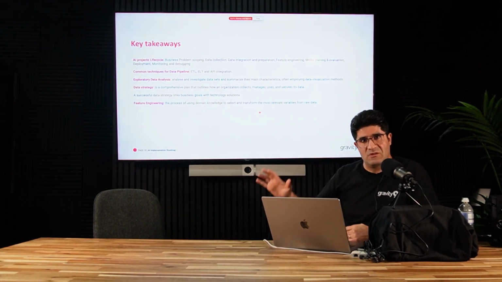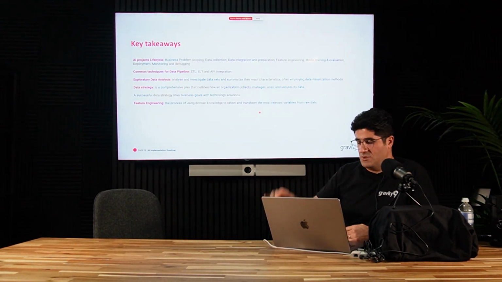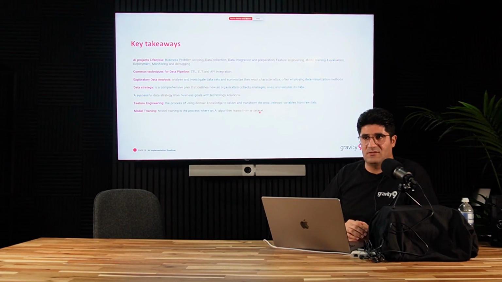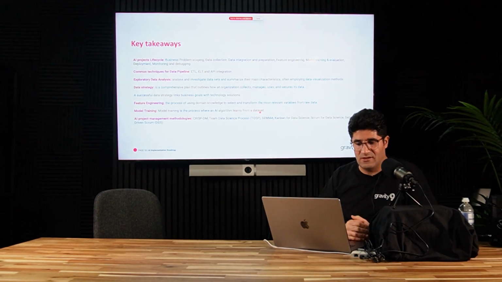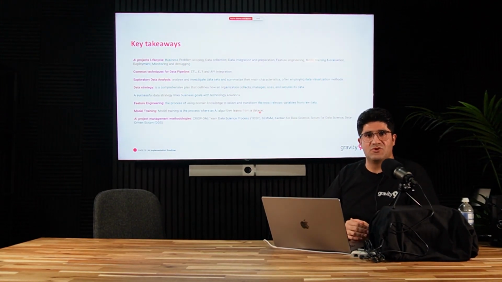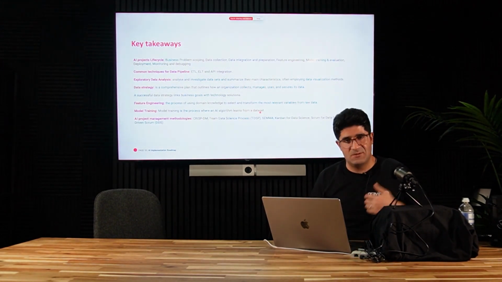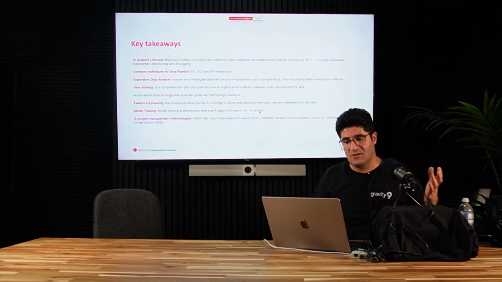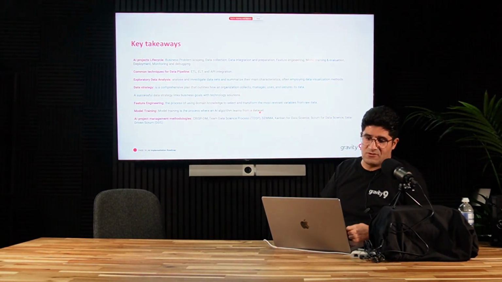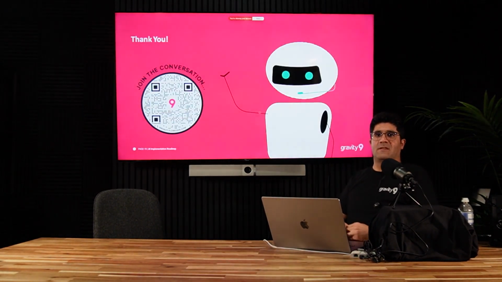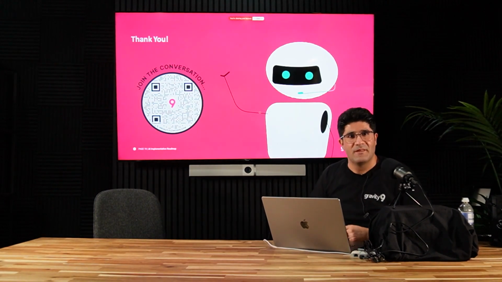Feature engineering is the part of the process that prepares the data to feed to the model. We then train the model by passing the data, and finally, there are different methodologies to use during this process, from CRISP-DM, TDSP, SEMMA, Kanban, Scrum for data science, or data-driven Scrum. So thank you very much.